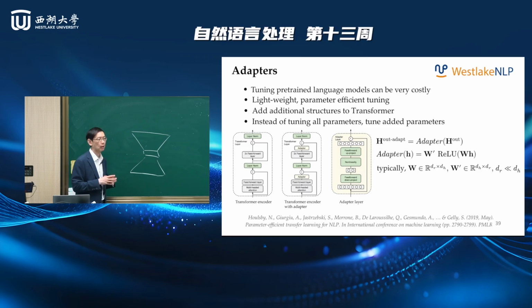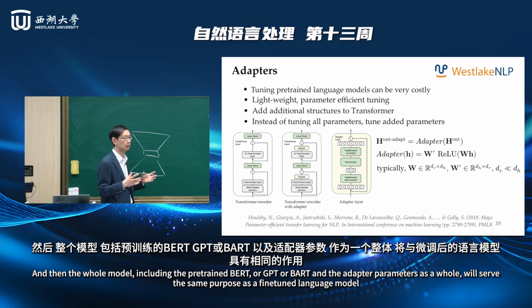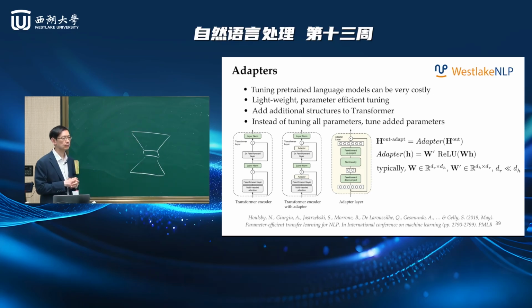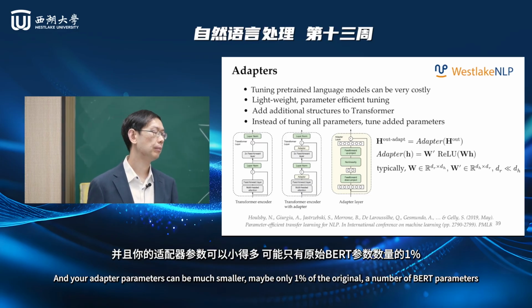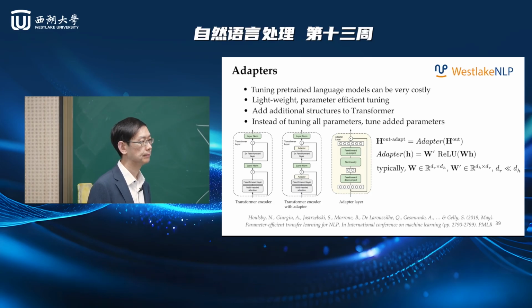And then the whole model, including the pre-trained BERT or GPT or BART and the adapter parameters, as a whole, will serve the same purpose as a fine-tuned language model. Your adapter parameters can be much smaller, maybe only 1% of the original number of BERT parameters.